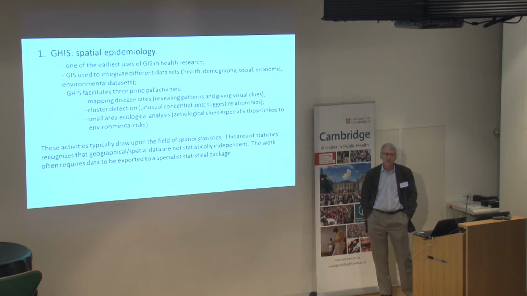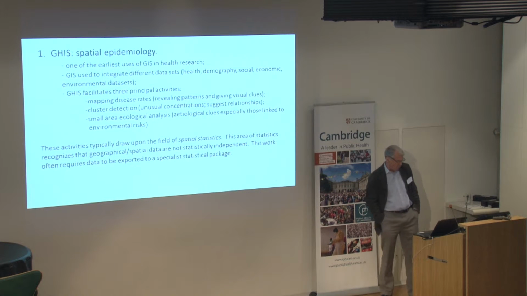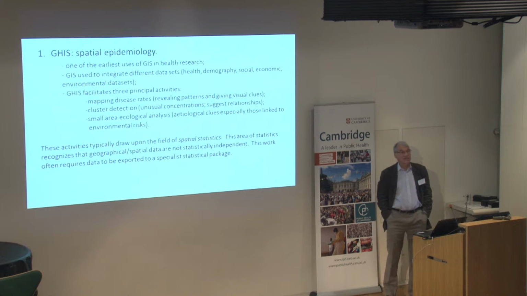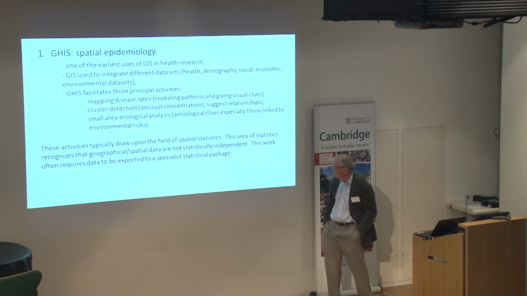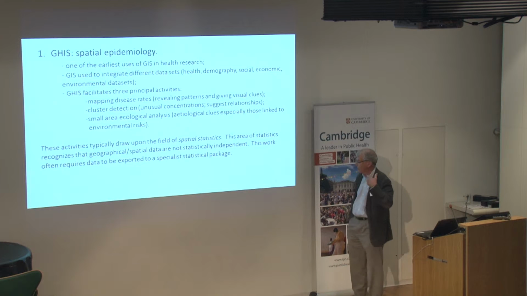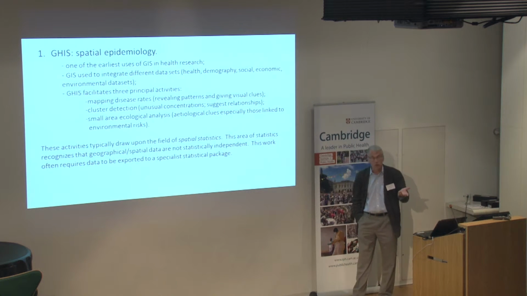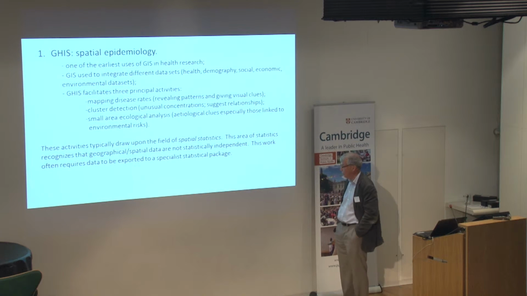And the kinds of facilities that you would see within a spatial epidemiological context for GHIS facilitate those three principal activities. First of all, the construction of maps of, let's say, disease rates to reveal patterns and give visual clues about the geography of the disease or whatever it is one's looking at.